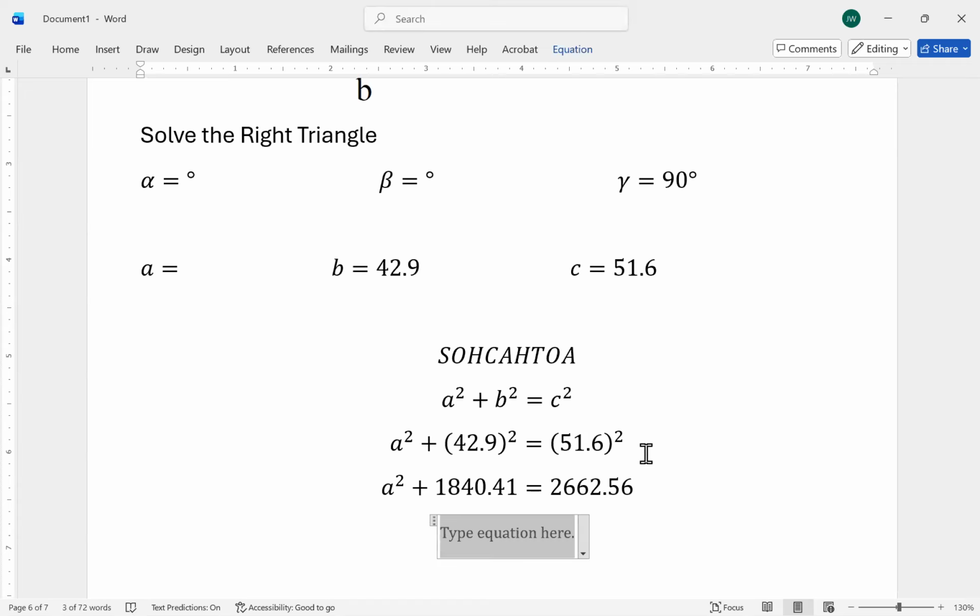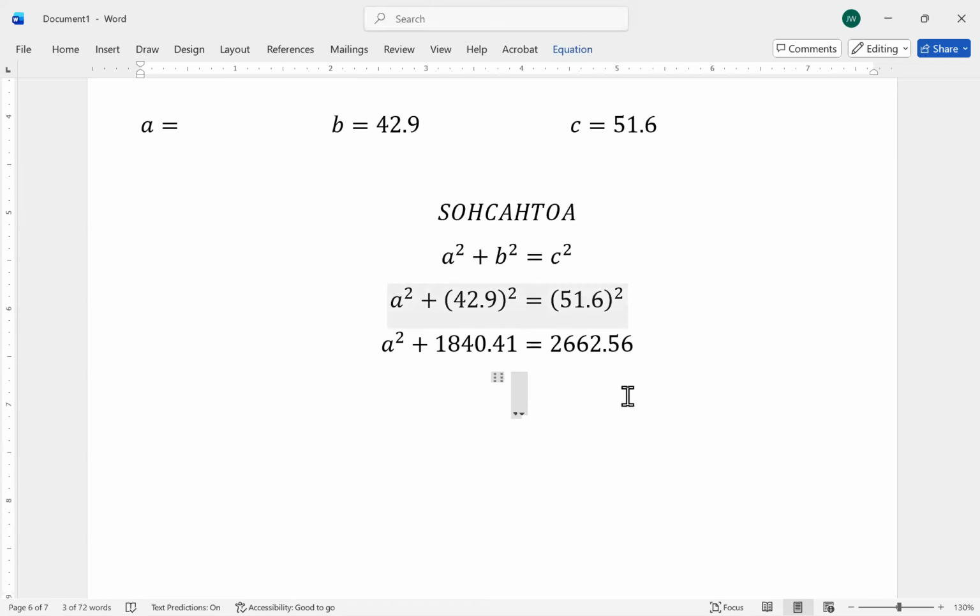Subtracting 1840.41 from both sides gives me A squared is equal to 822.15. If I want an exact value, A is the square root of 822.15.